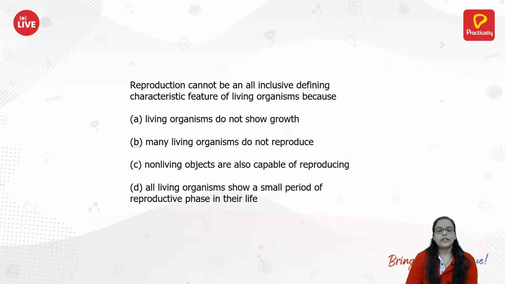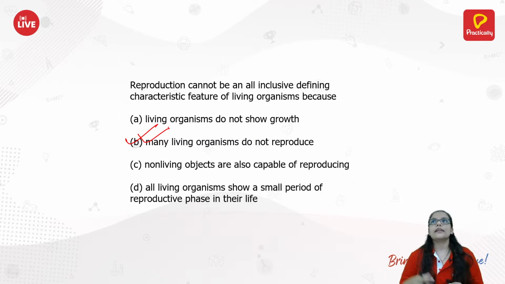The next question: reproduction cannot be an all-inclusive defining characteristic feature of living organisms because A, living organisms do not show growth, B, many living organisms do not reproduce, C, non-living objects are also capable of reproducing, D, all living organisms show a small period of reproductive phase in life. Let me see if there's anyone to answer. The answer for this question is B, because many living organisms do not reproduce.